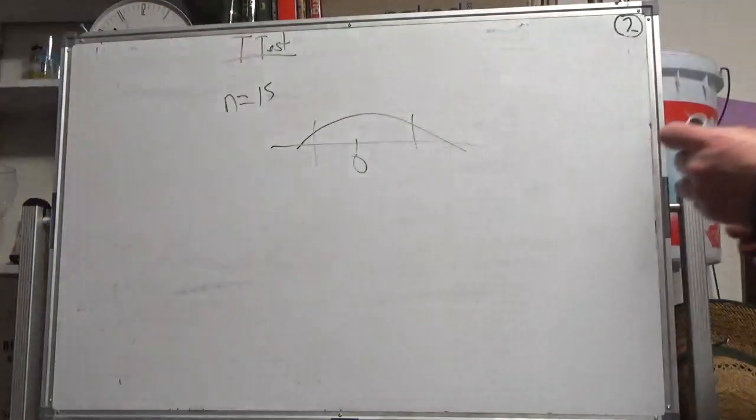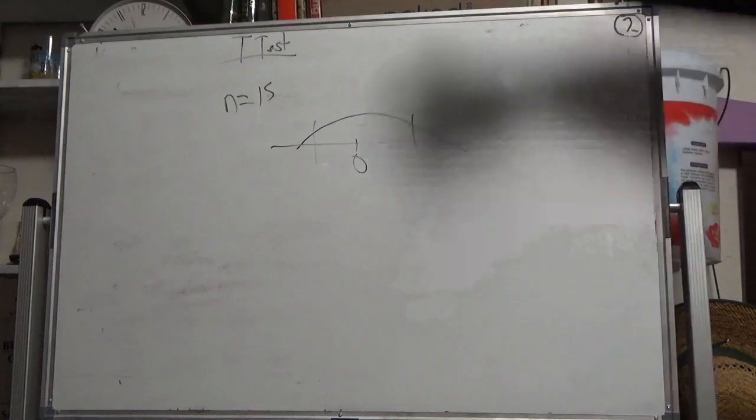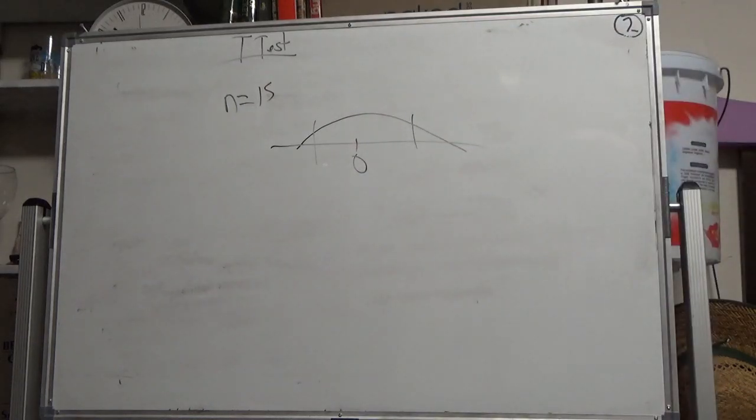Mark your critical values, the 0, the origin. So it's flatter, pushed down with a smaller sample size.